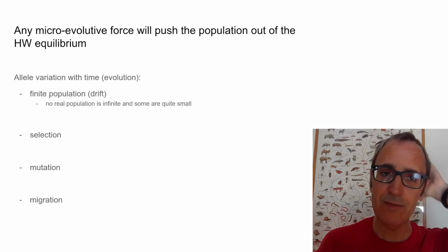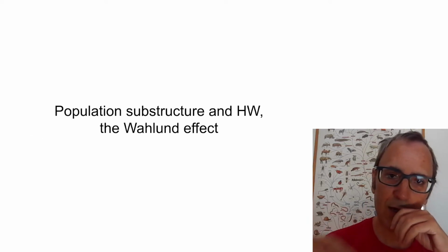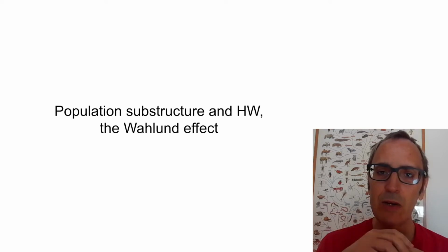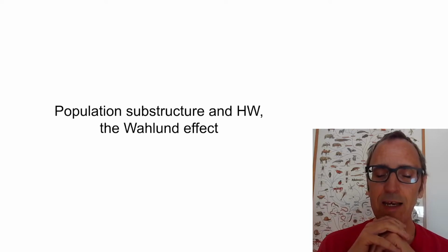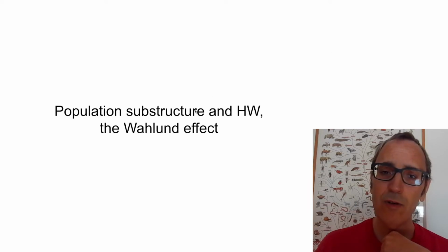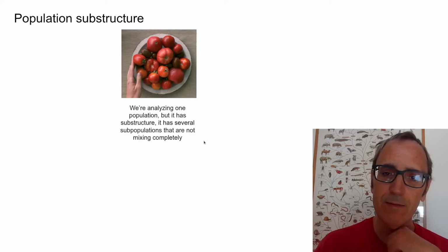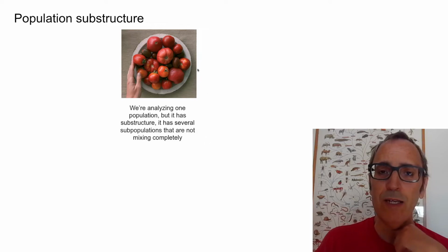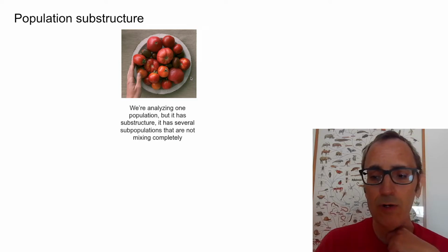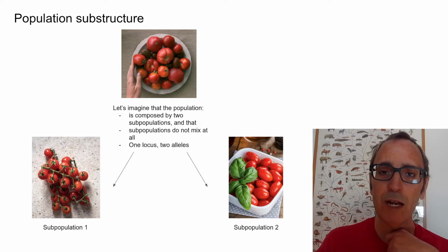What happens then? What happens when there's population substructure is that there's a lack of heterozygous individuals, and that is called the Wahlund effect. So imagine that you are analyzing a population that has some diversity, but although you don't know it, this population has substructure.